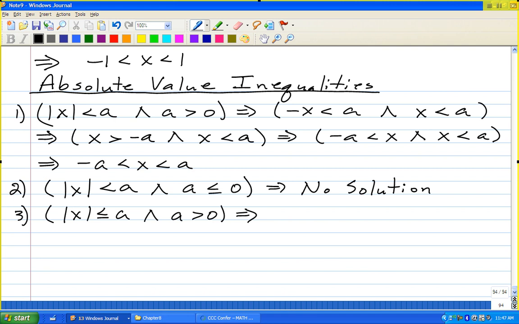And so writing it as a three-part inequality, I just have that negative a is less than or equal to x, less than or equal to a.